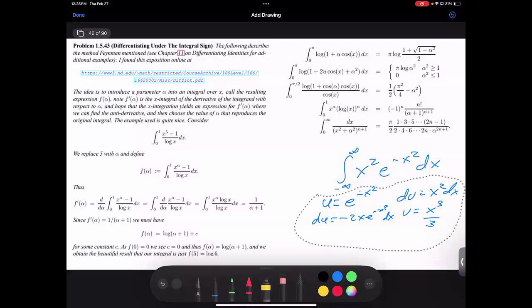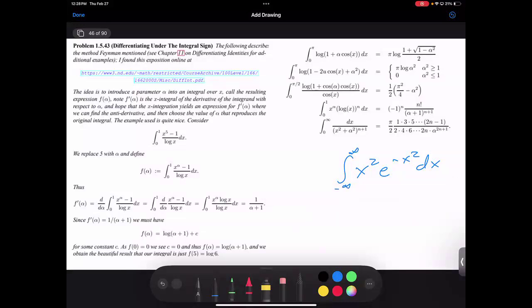There is another option. Yeah, we could try u equals x, and dv is e to the negative x squared x dx. And now there's a nice antiderivative with some constant that I don't care about. And then du is just dx.